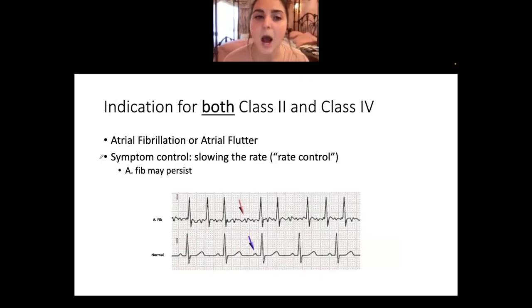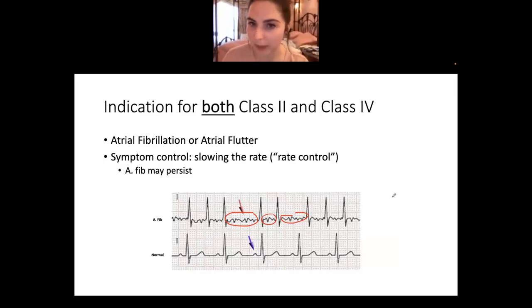Something to note, and this is just a fun fact, these are rate controllers, right? So you can give these for AFib, but just remember with AFib, it's an irregular rate and an irregular rhythm. So you'll slow the rate down, but the AFib might persist. They might still have this really weird rhythm present. And that's fine.